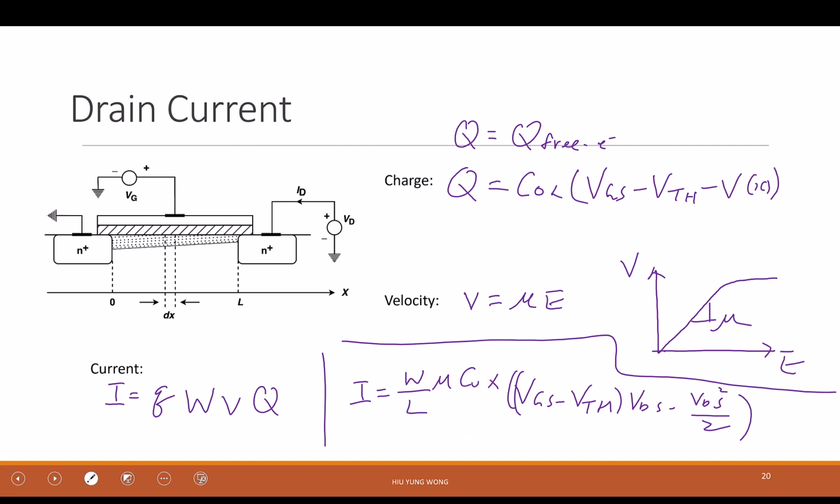Because it's a voltage-controlled resistor through capacitive coupling. Larger Cox gives me more electron density. What is μ? Mu is the mobility. It represents, for a given electric field, how fast the electrons will move. And why VGS minus VTH? Because after the threshold voltage, we form the electrons. Otherwise, there's no mobile charge. Of course, larger VGS means more coupling, so larger current. Why VDS? Well, because it's a resistor. You apply a larger terminal voltage, you get more current, right?